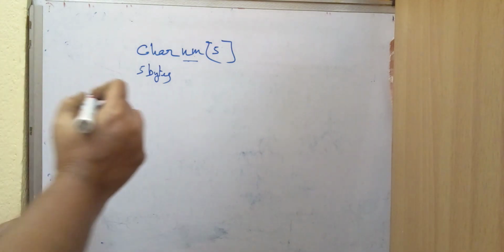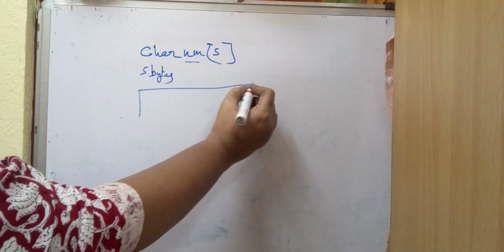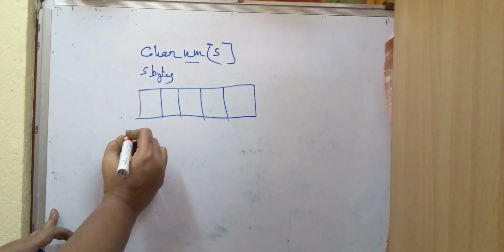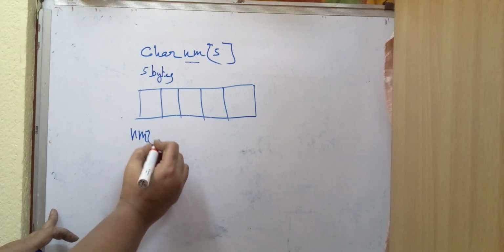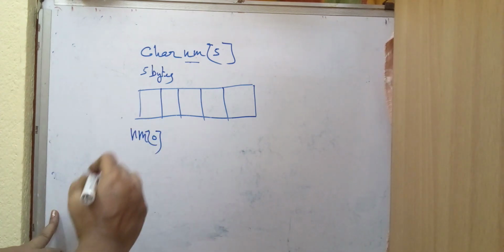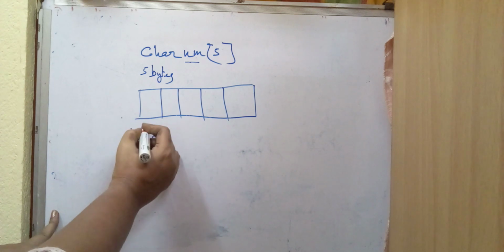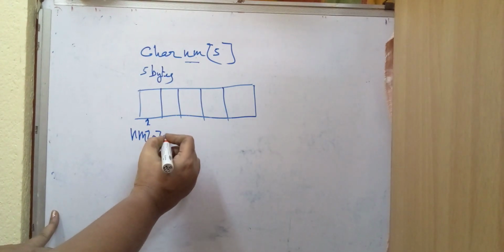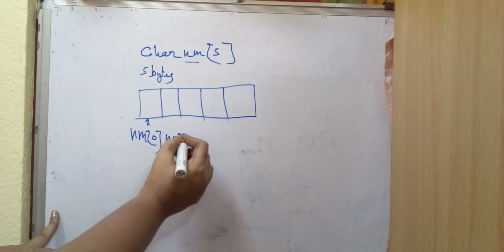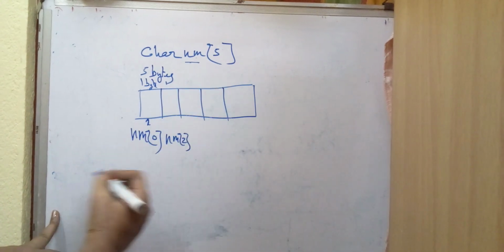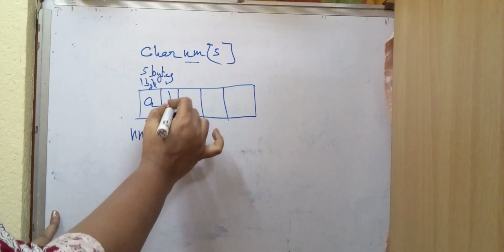If I draw an illustration for the storage reserved for the character array, it will look like this. Since array indexing starts with the 0th element, the first address is nm0. This is 1 byte, this is also 1 byte, and I can store any character.